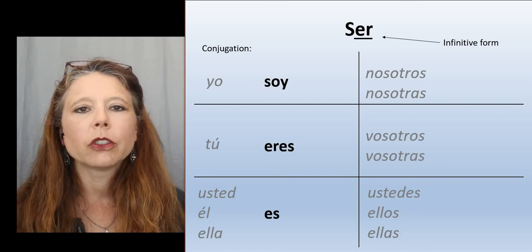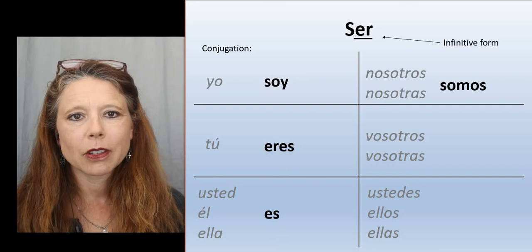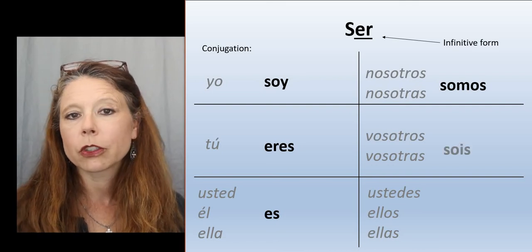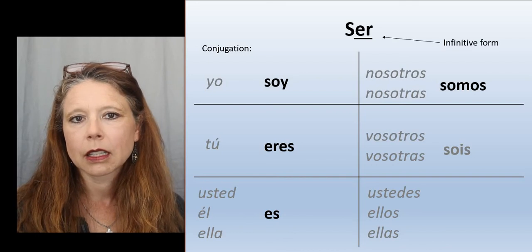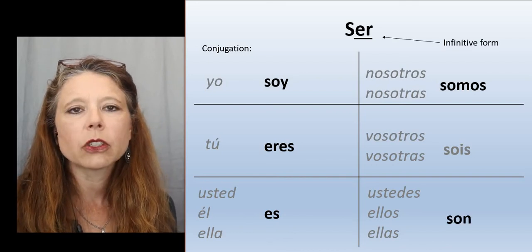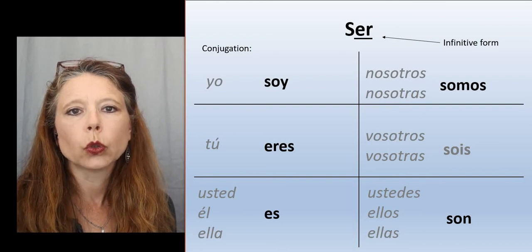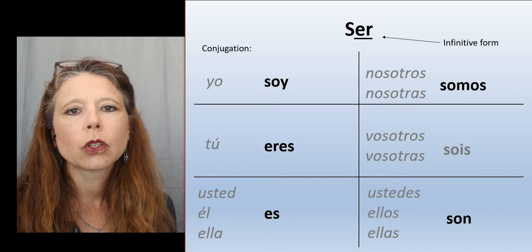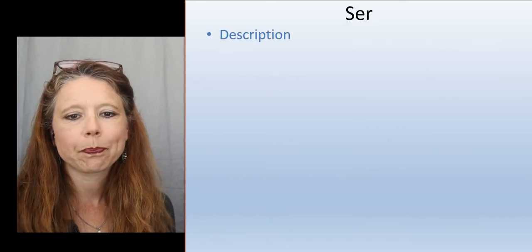Nosotros or nosotras somos. We are. Somos. Vosotros sois. Sois. Ustedes, ellos, or ellas son. Son. All right, great.